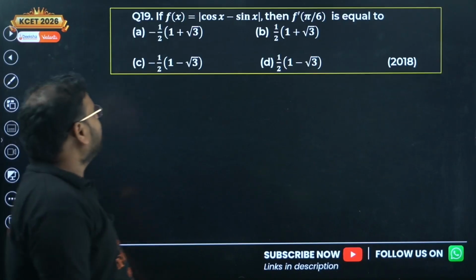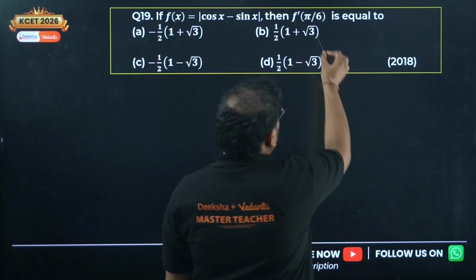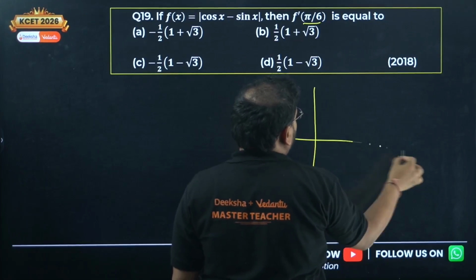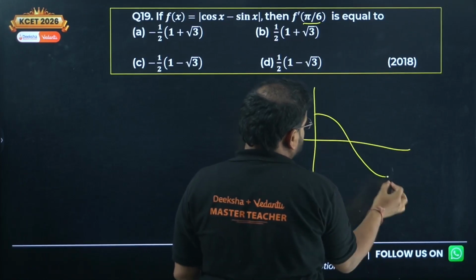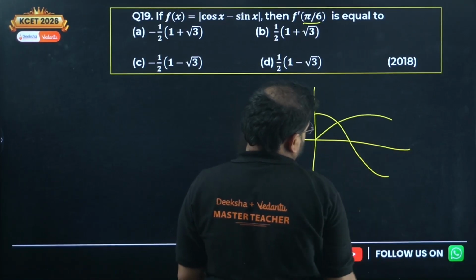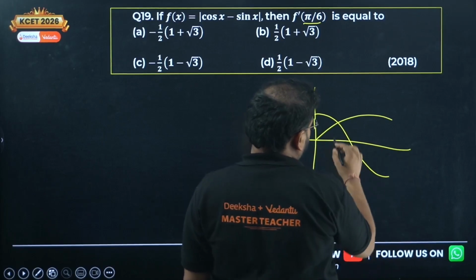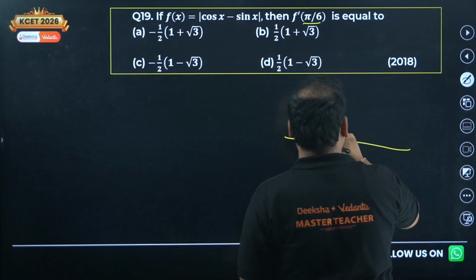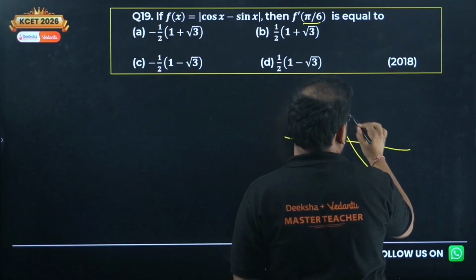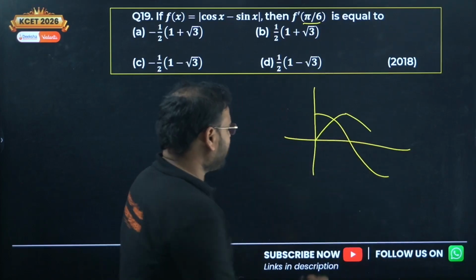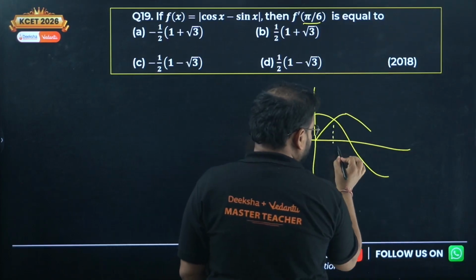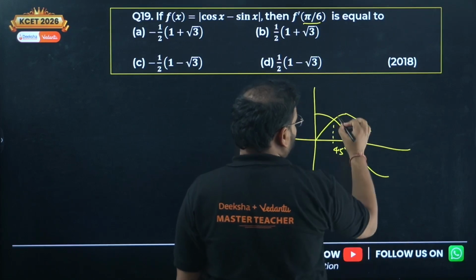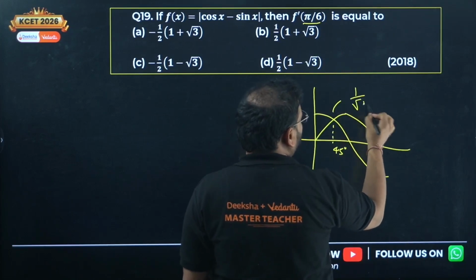19th one. f(x) is modulus of cos x minus sin x at pi by 6. Derivative we are looking for. Cos x is this. Sin x is this. Curve can be better. Sin x is this. So this point right here is 45 degrees. They are both equal to 1 upon root 2.